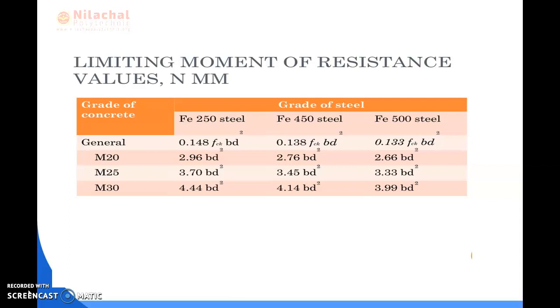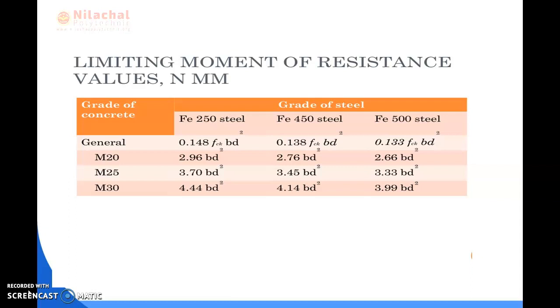Then we discuss the limiting moment of resistance value, in Newton per mm square. It depends upon the grade of concrete and grade of steel. The limiting moment of resistance is provided for M20, M25 and M30 grades of concrete, and for Fe 250, Fe 415 and Fe 500 steel.